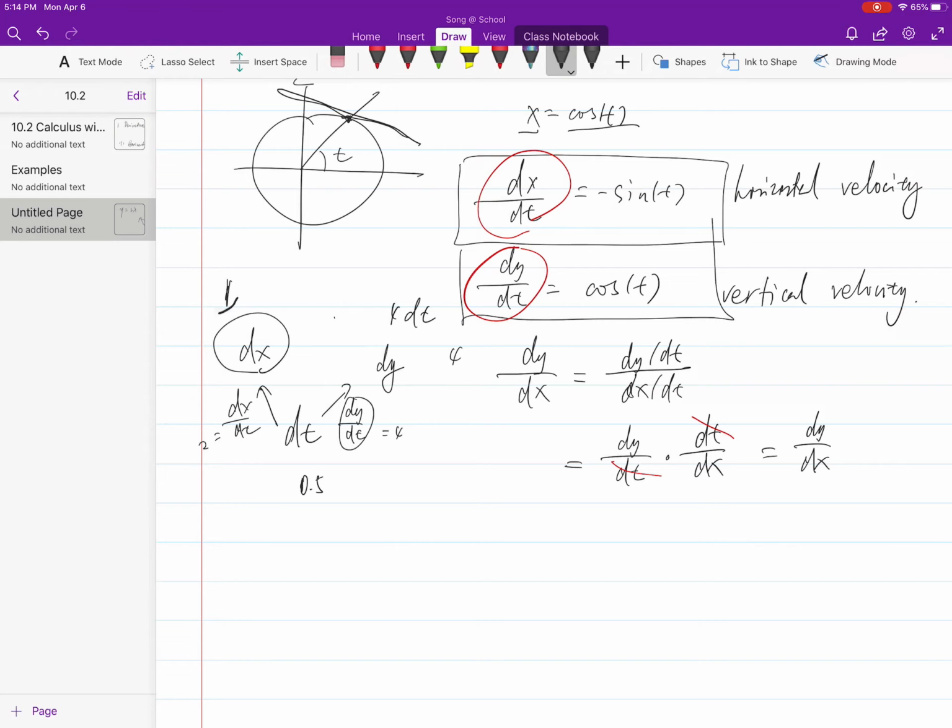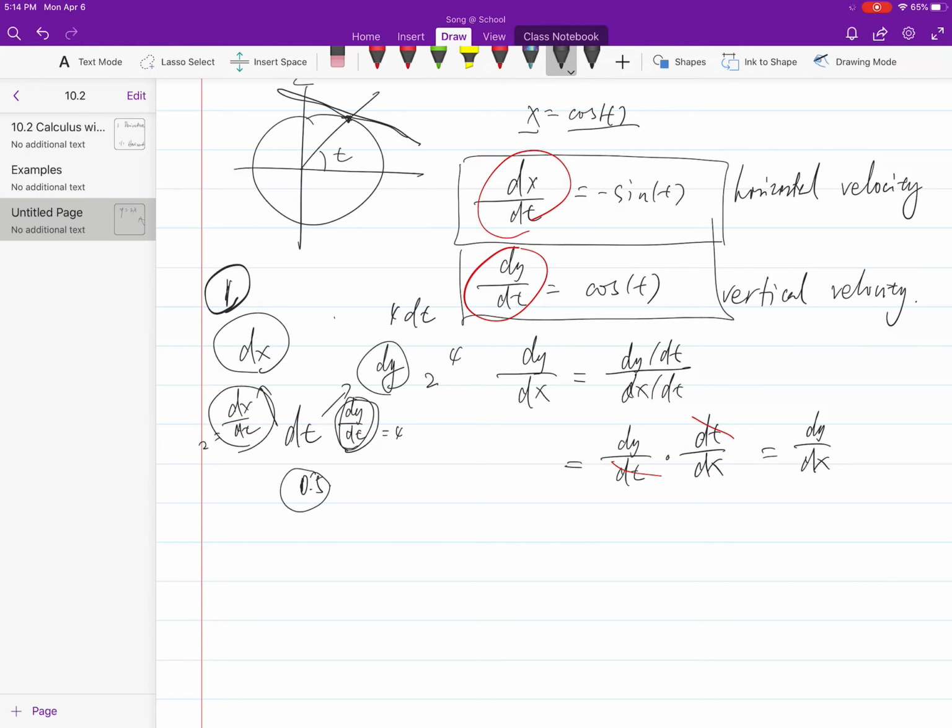But now you know dy over dt, which means the change in y is 4 times the change in t. So if x changes by 1, your t changes by 0.5, half the size, then you times that by 4, and your y is going to change by 2. So if x changes by 1, your y changes by 2.